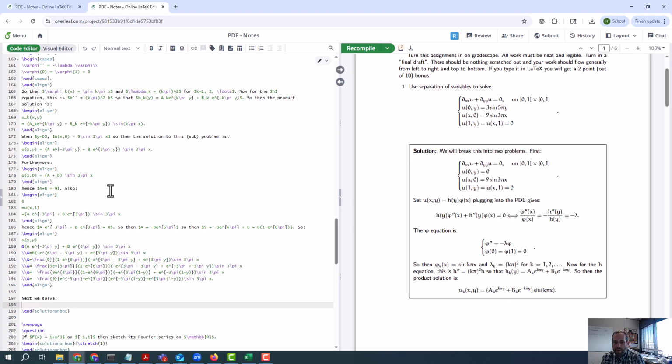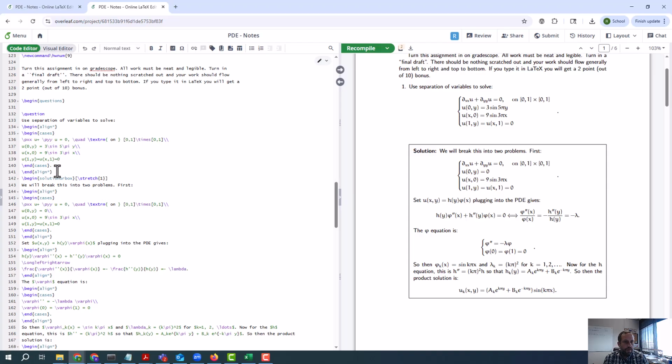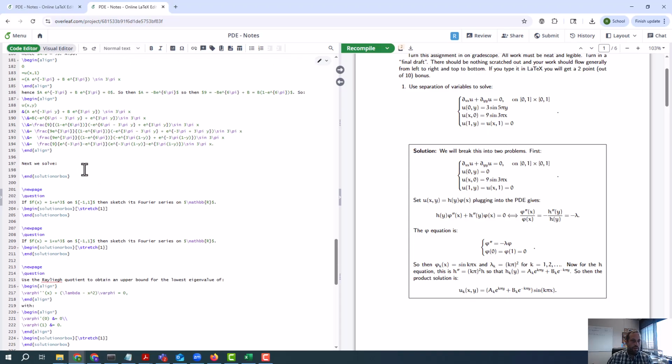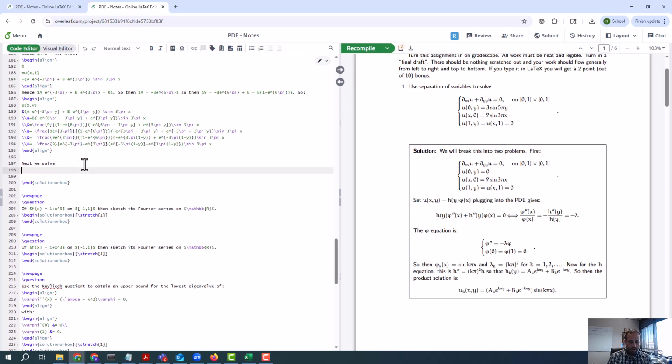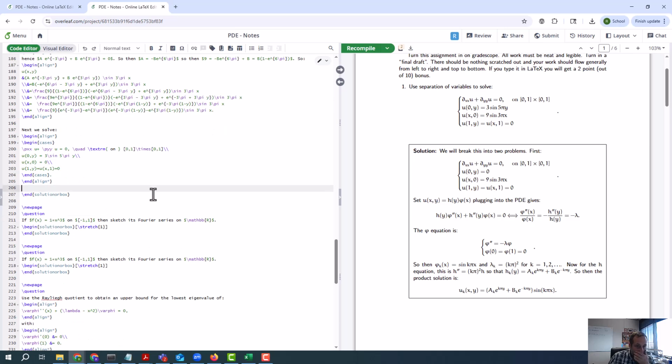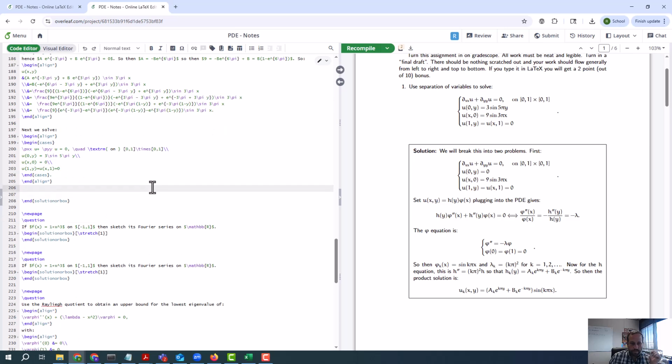Okay, but now we're going to look at a similar problem. So we're going to solve the following problem. Now we're going to set this equal to 0, like that. So we're going to solve this. Okay, excuse me. So how do we do this?